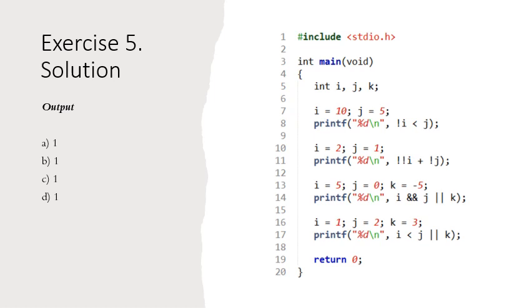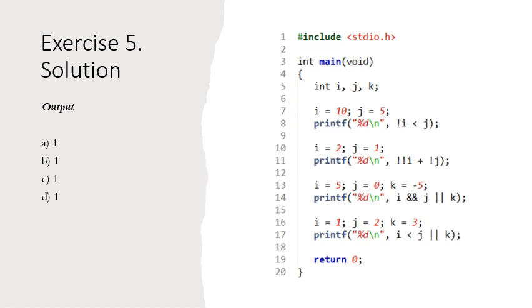Since in and we require that two operands must be true in order for it to return a true or a 1, having a 0 or a false in this expression will result in a false or a 0. So that will be 0. So 0 or k equals negative 5. So that will give us a 1.